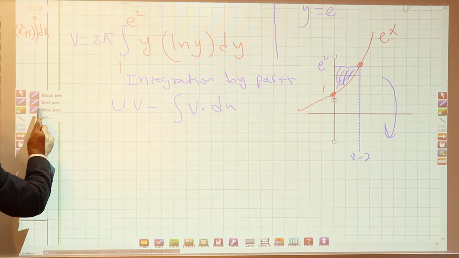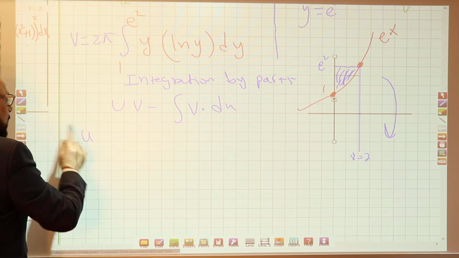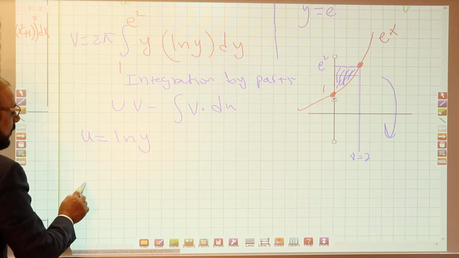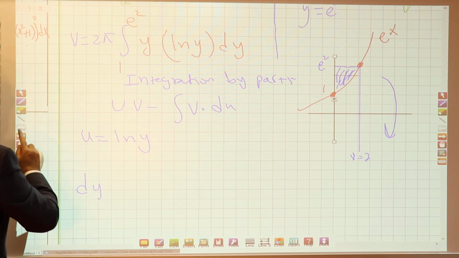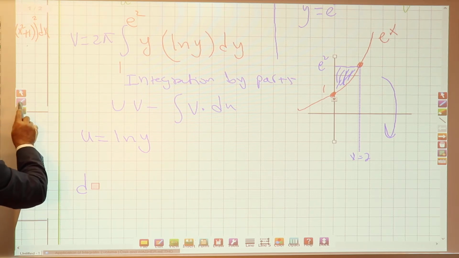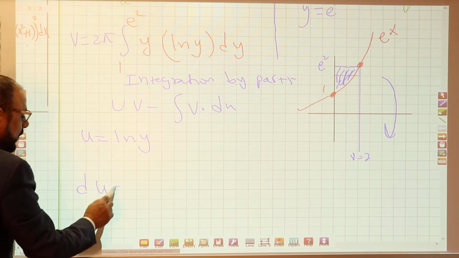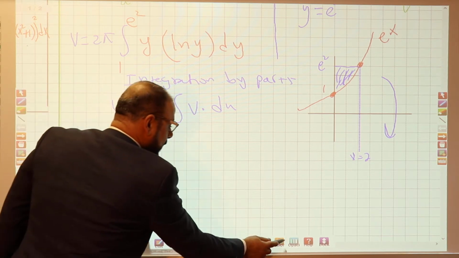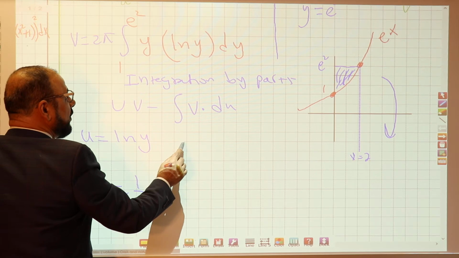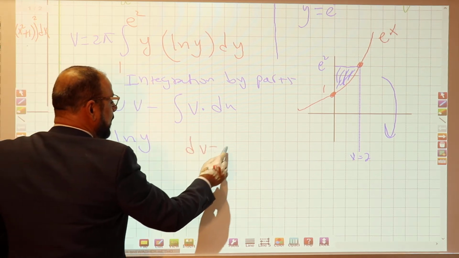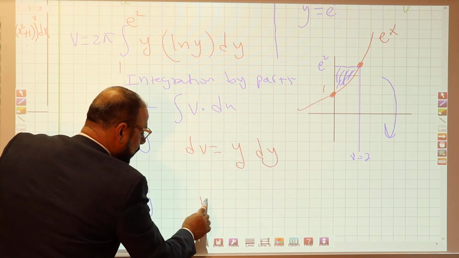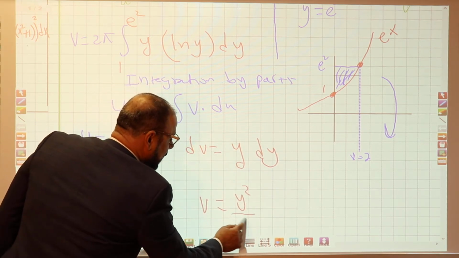Which one is u? u equals ln y, then du equals 1 over y. That is exactly what happened yesterday. Now dv equals y dy, then v equals y squared over 2.